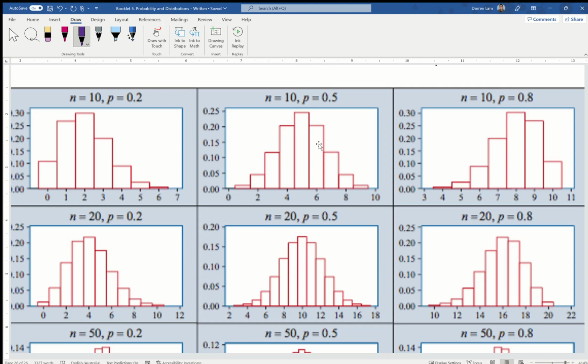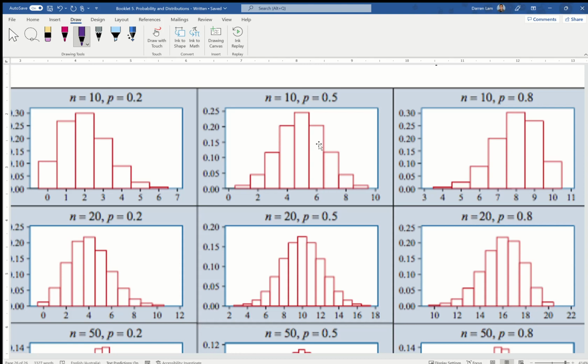Of course, it makes sense that if our probability is 0.2, a lot of our data is skewed towards the negative side, whereas if it's a 0.8 probability, it's more skewed towards the positive side, or negatively skewed.